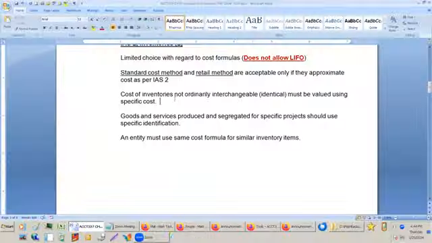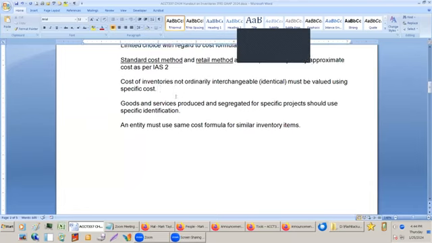The standard cost is a standard costing system, it has a control to it, but the retail method is a way to do it much more quickly. But you also may have to do it the long way to show that it approximates the cost. So you may have to test it with the actual, in which case, well, why do the estimated, just do the actual. Okay.